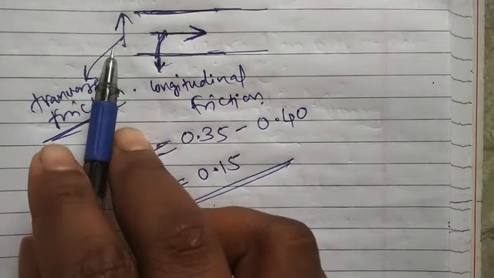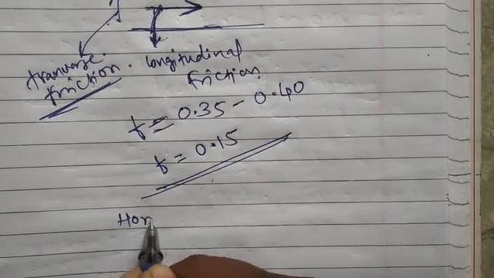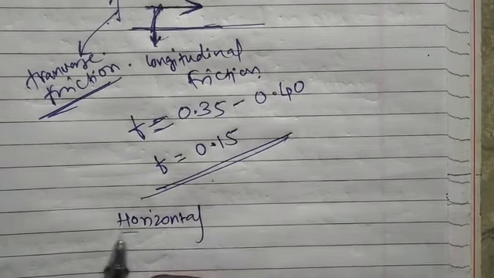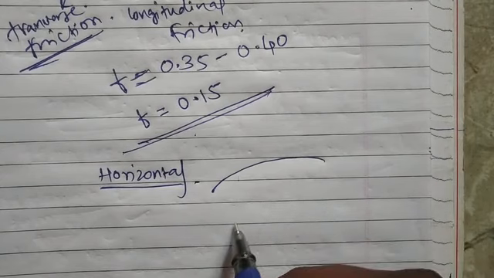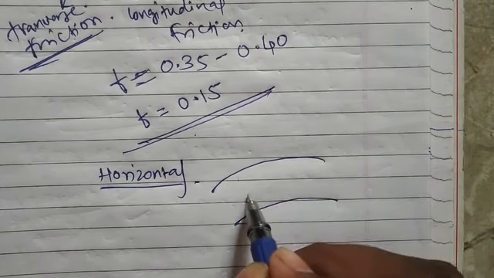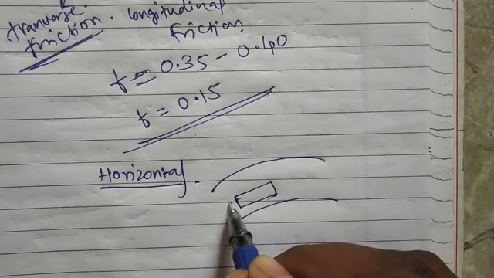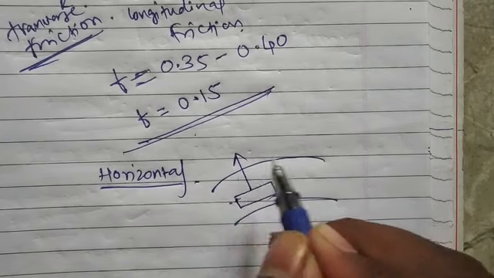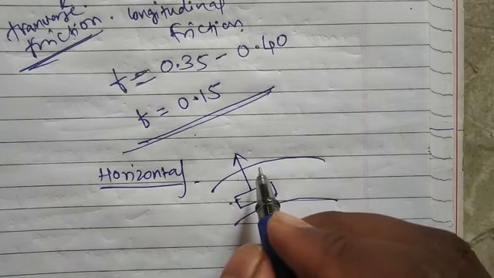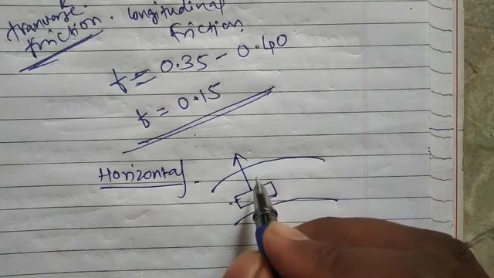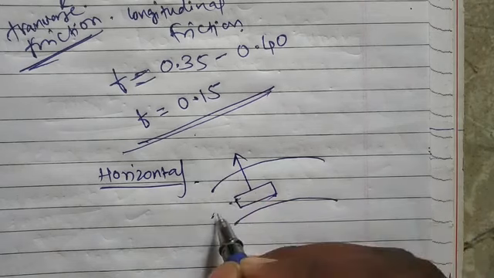Generally, this transverse friction is required on horizontal curves where vehicles experience an outward force. If this is a vehicle traveling on the curve, it experiences centrifugal force, which will try to push the vehicle off the curve.